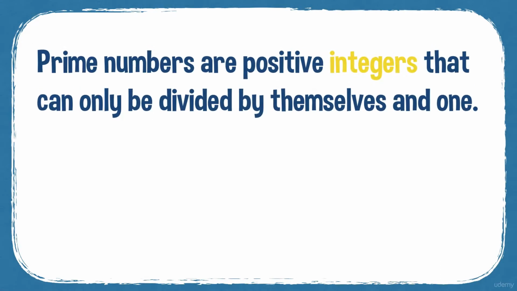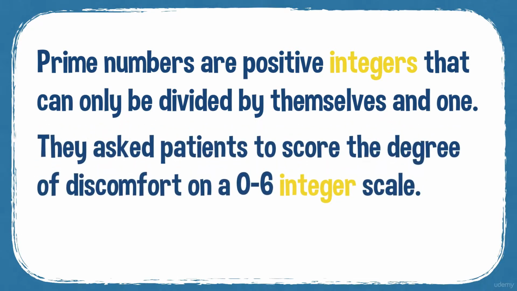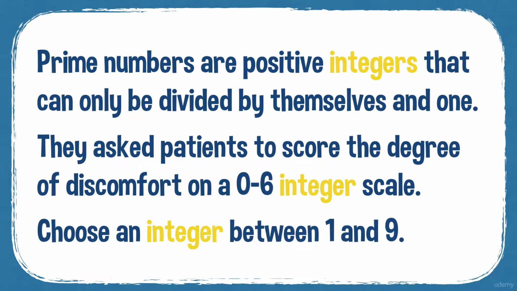So, for example, prime numbers are positive integers that can only be divided by themselves and 1. They asked patients to score the degree of discomfort on a 0 to 6 integer scale. Choose an integer between 1 and 9.